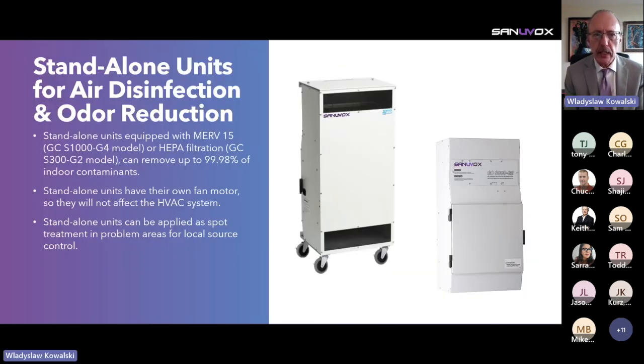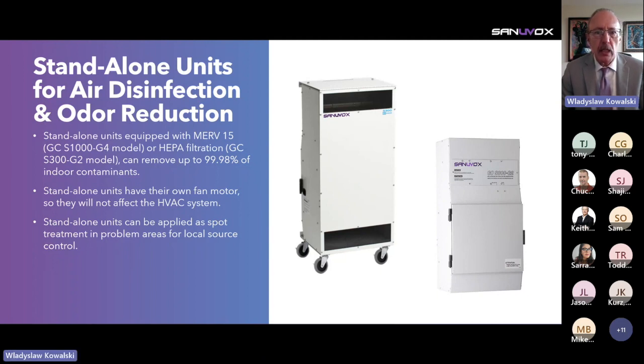There are also standalone units, portable units for air disinfection. In the event that a building cannot retrofit sufficient air changes, they can always place portable units inside rooms. These can be placed in rooms to control the local sources.